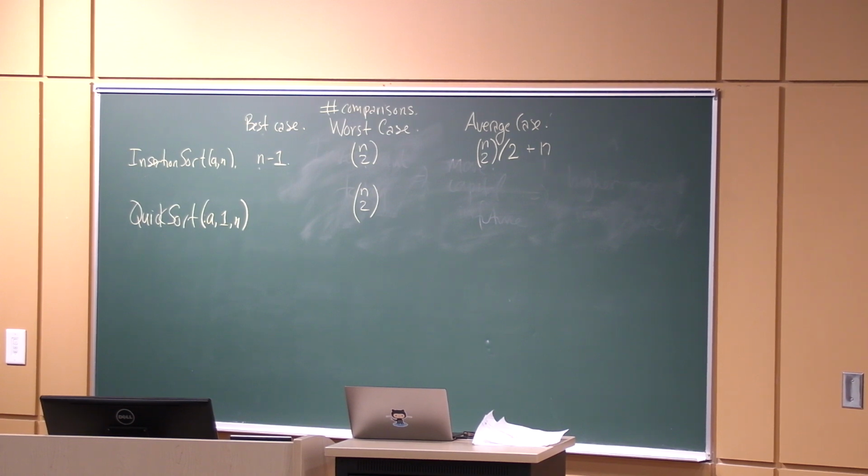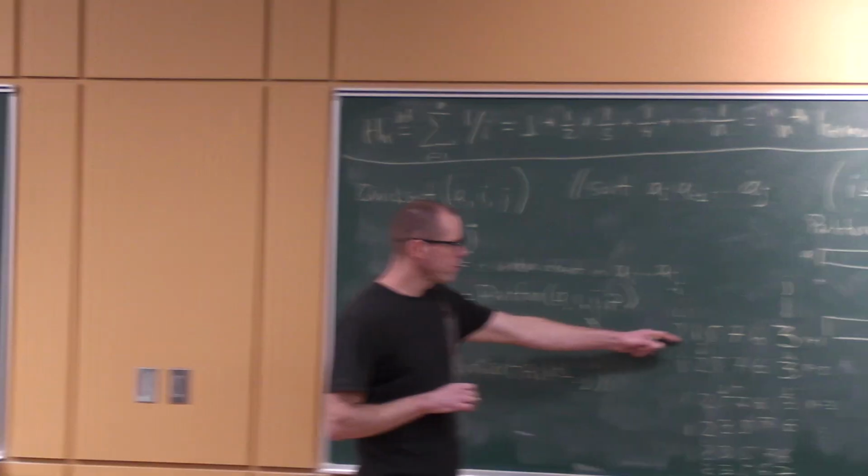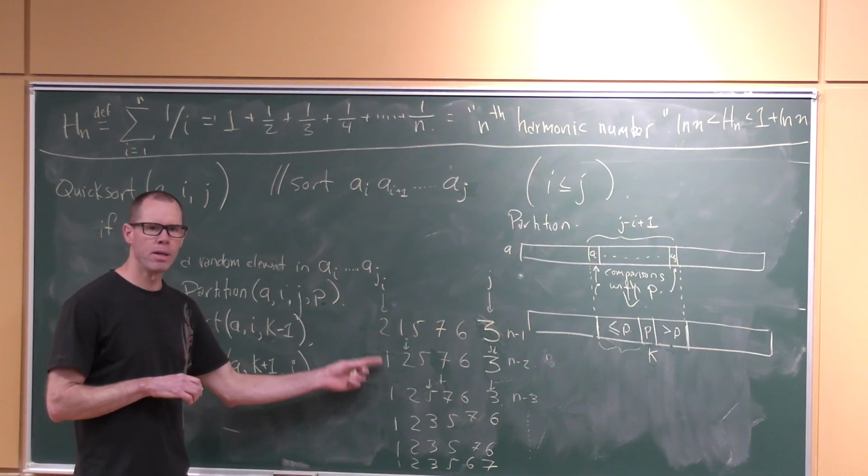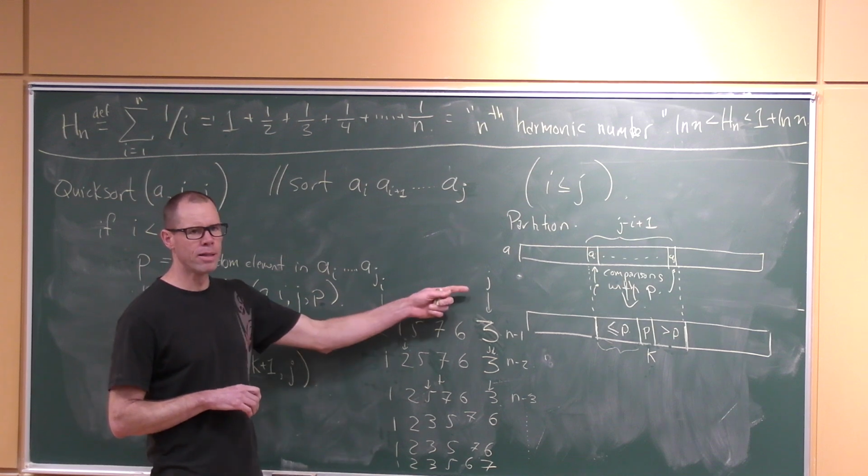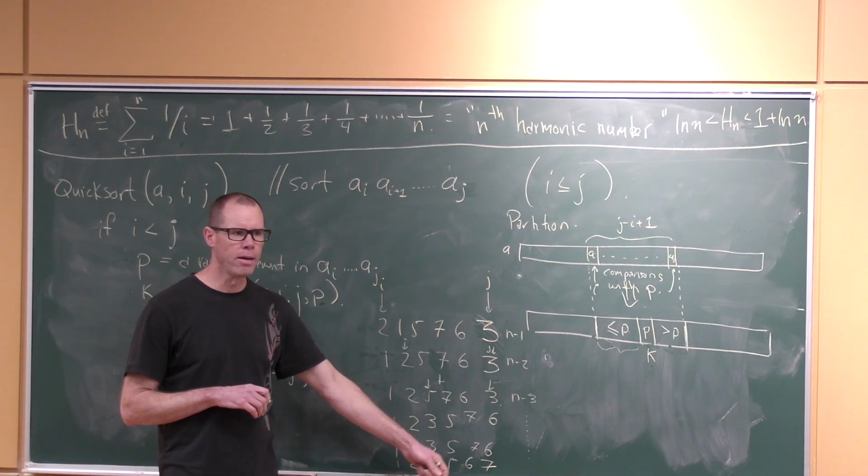So it seems like picking the smallest thing as the pivot is bad because it leads to this n choose 2 comparisons. By the same line of reasoning, picking the largest one every time is bad.